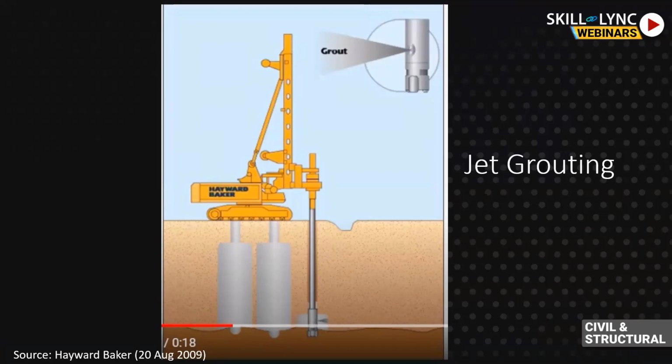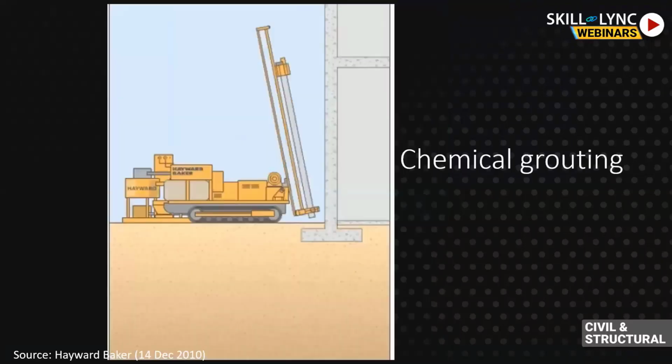And in the triple fluid jet grouting, there would be three nozzles, one through which water at high pressure comes out, second one through which air at high pressure comes out, and the third one through which the grout comes out. And this is a chemical grouting.